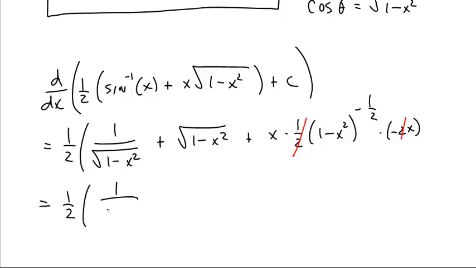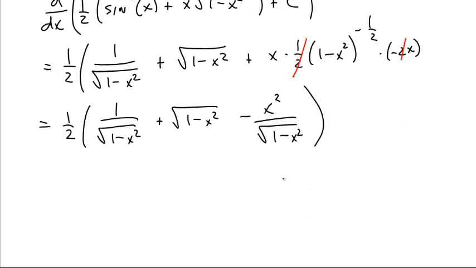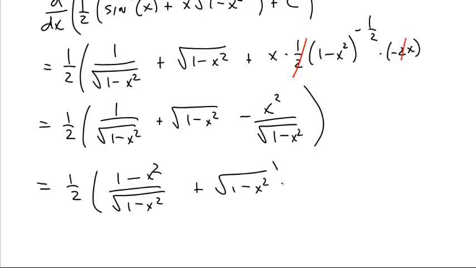We've got 1 over square root of 1 minus x squared plus square root of 1 minus x squared minus x squared over the square root of 1 minus x squared. So this is 1/2 times 1 over square root of 1 minus x squared, minus x squared over that, which is 1 minus x squared over the square root of 1 minus x squared, plus square root of 1 minus x squared.